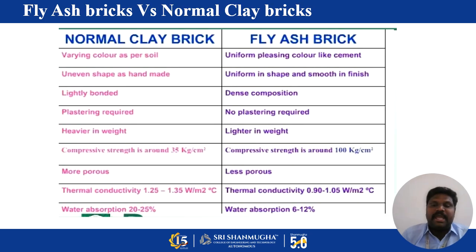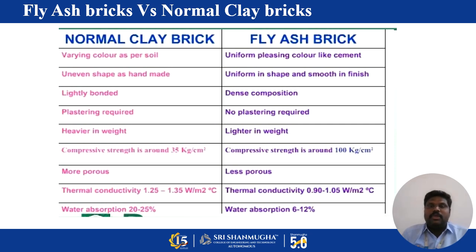So we have a comparison with fly ash bricks, which have 70% fly ash as one of the main ingredients. The second one is normal red clay bricks, which have been widely used in all construction practices. Here we have the major differences between these two. Normal red clay varies in color as per the soil, because the red color indicates the soil color.